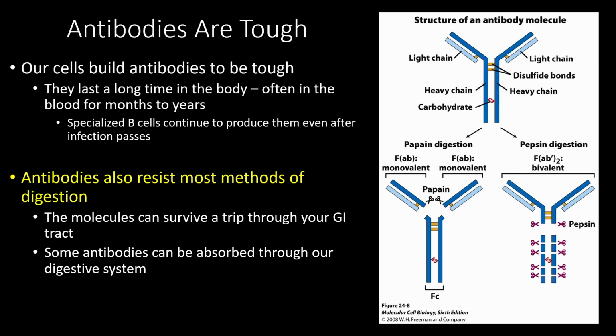Antibodies are also really resistant to digestion, which is kind of crazy. So this is pretty cool because it means that you can also absorb antibodies through your digestive system. They don't get broken down by the enzymes and the stomach acid and other things like that as it enters your digestive system.